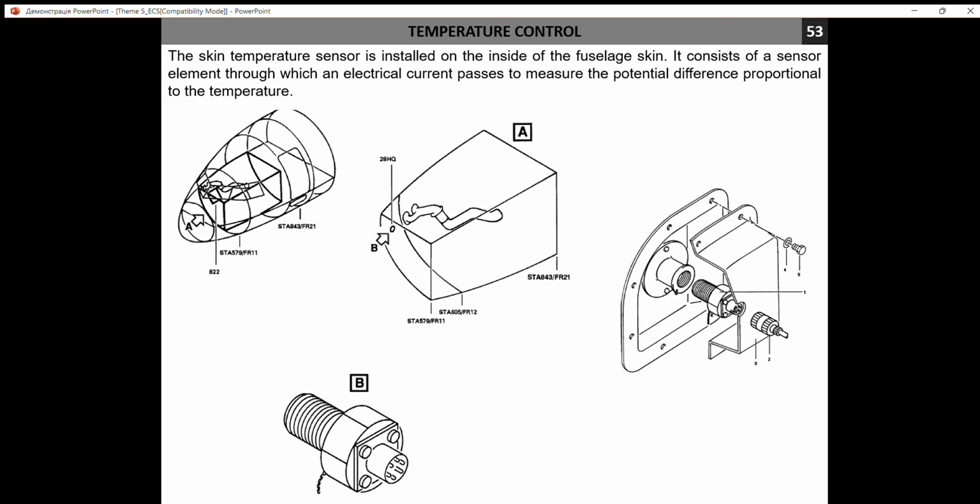They are installed on the inside part of the fuselage skin, and contain a sensor element that may transform a temperature into changes of the current signal. And due to the changes of this electrical output signal, you may determine a temperature of the aircraft. And here you may see a typical location of such sensors.